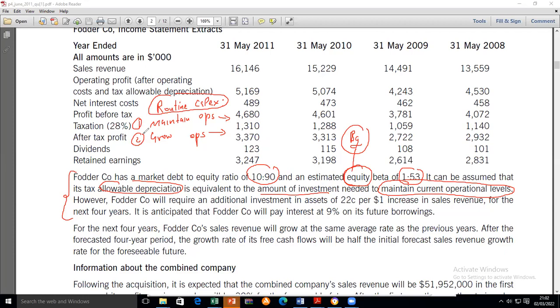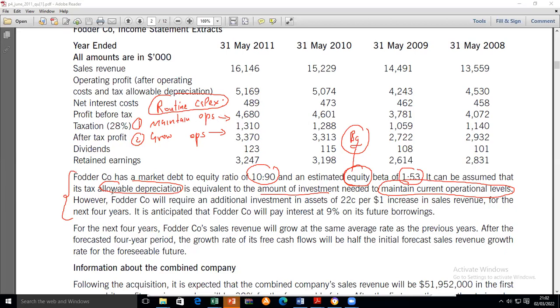However, here is a common statement: its tax allowable depreciation is equivalent to the amount of investment needed to maintain current operational levels. So this figure is the same as your tax allowable depreciation.